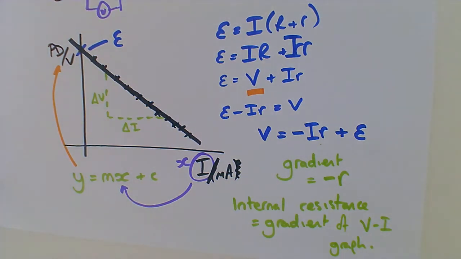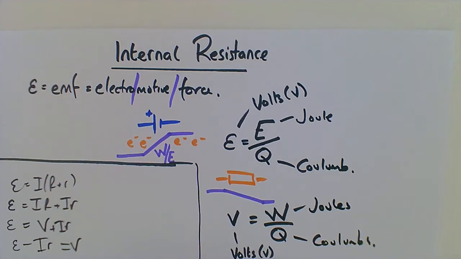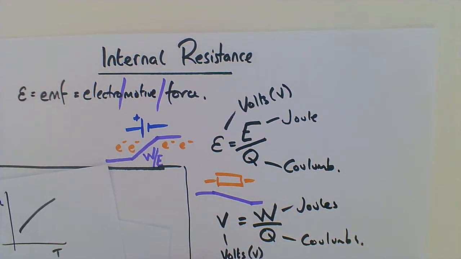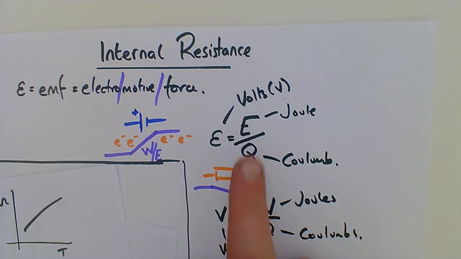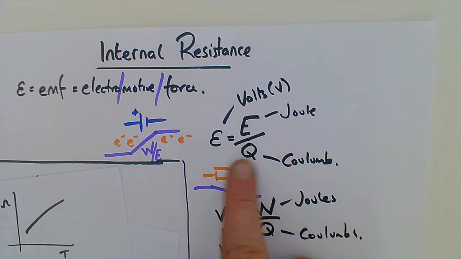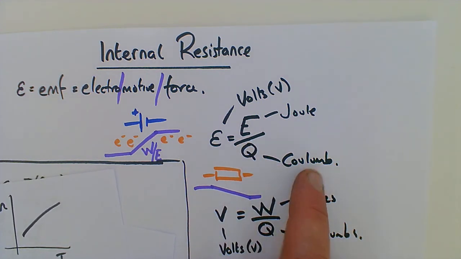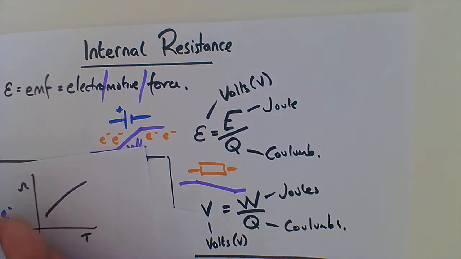Just a quick recap. The EMF is the energy produced or energy gained per unit charge, per coulomb. Make sure you put unit charge.